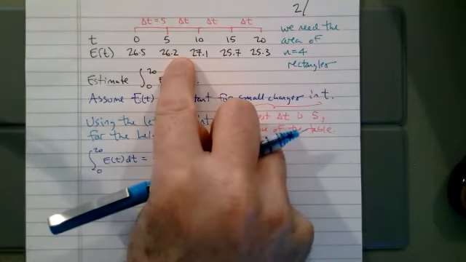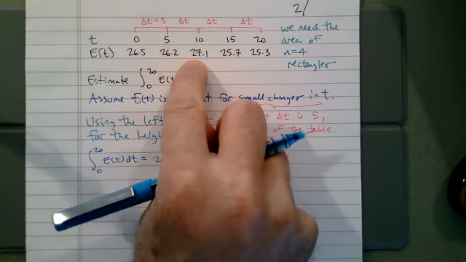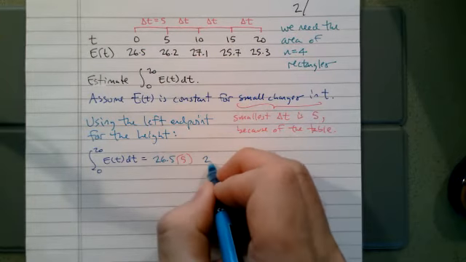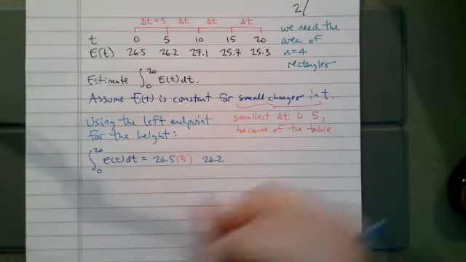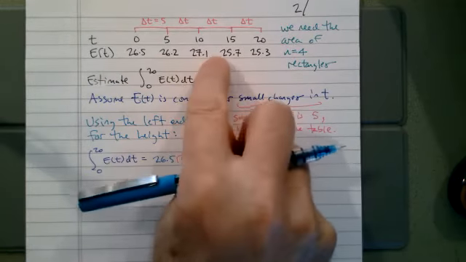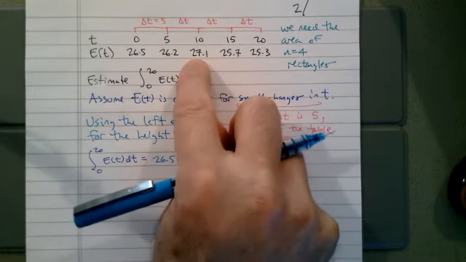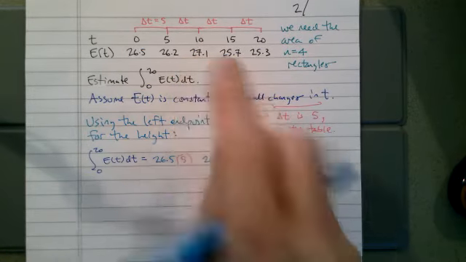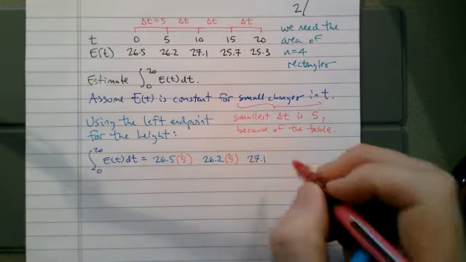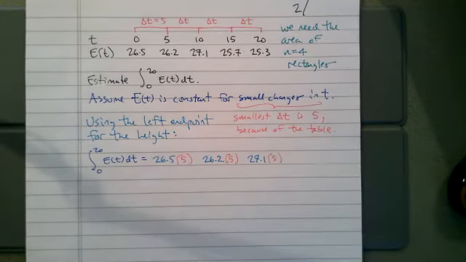This second interval from 5 to 10, we'll use the left endpoint, which is 26.2, times the width, 5. This third rectangle, we'll use the left endpoint for the height, so 27.1, times the width, 5.